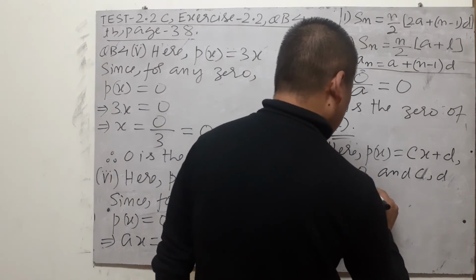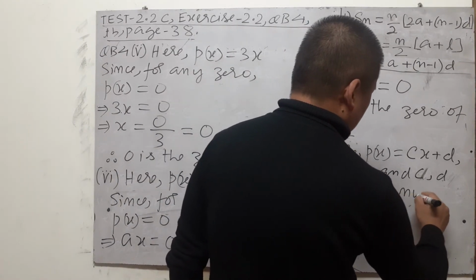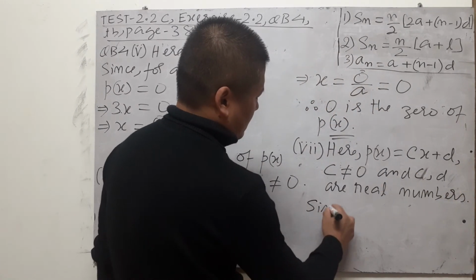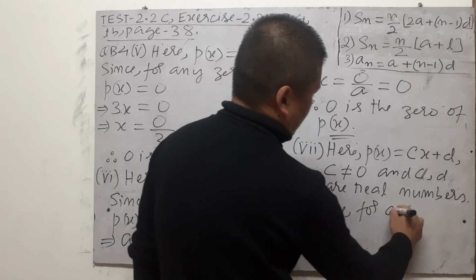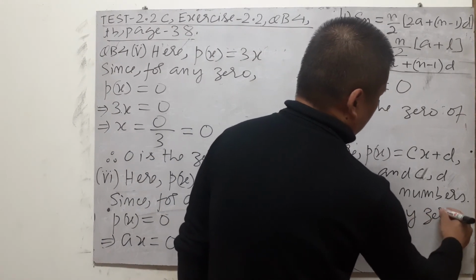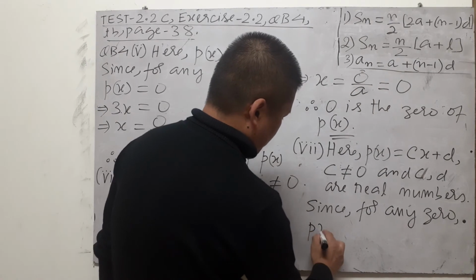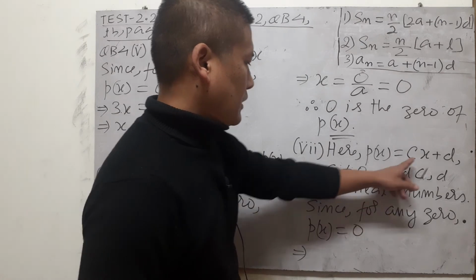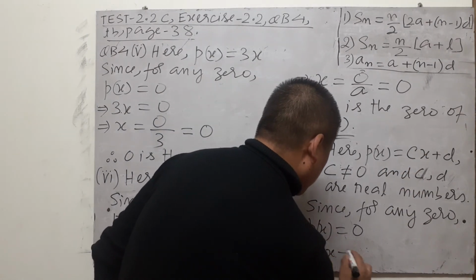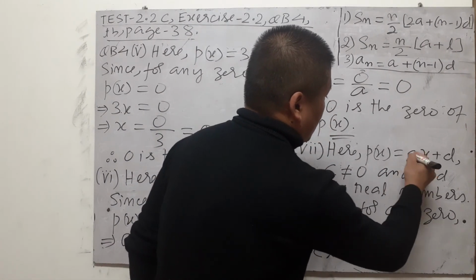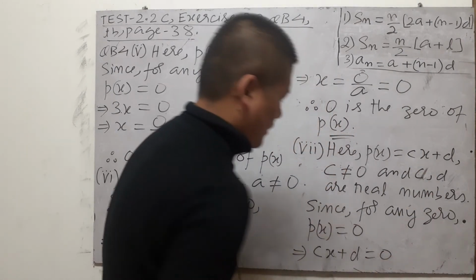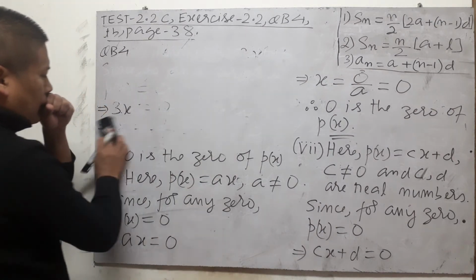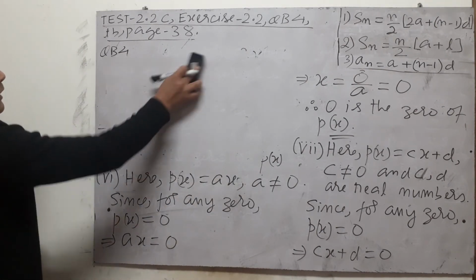They should not be unreal numbers, but real numbers. Okay, so for any zero following the same procedure, the p of x value should be equal to 0. That implies this p of x here, small cx plus d, this should be small letter c, is equal to 0. No more space, I'm coming here, okay? 7th one. Sorry, excuse me.